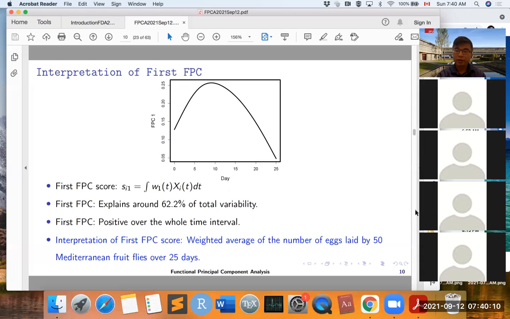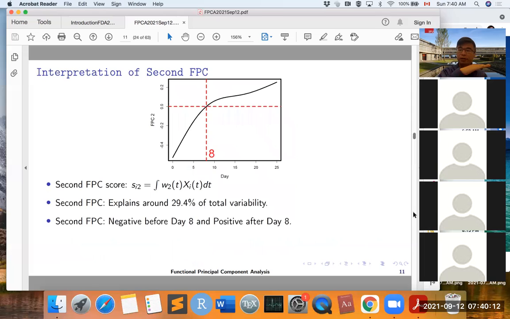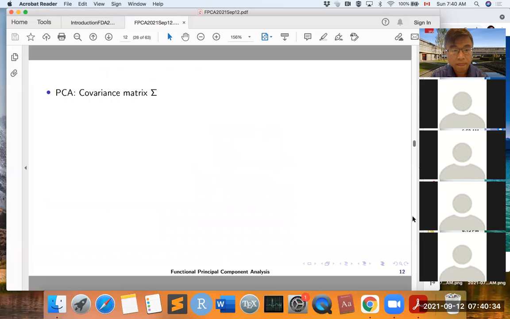And for the second LPC, instead of looking at the slope, we look at this continuous weight W2T. So maybe you can look at it as a more fancy or detailed version of the average and the change.